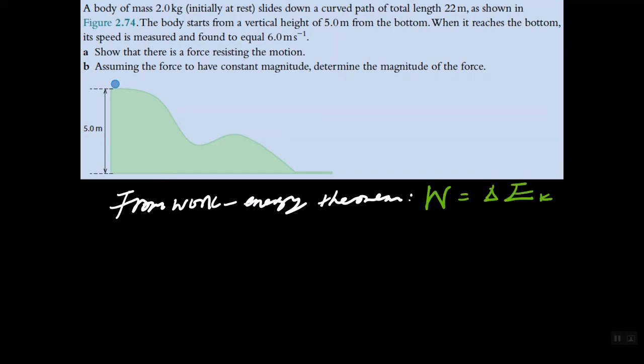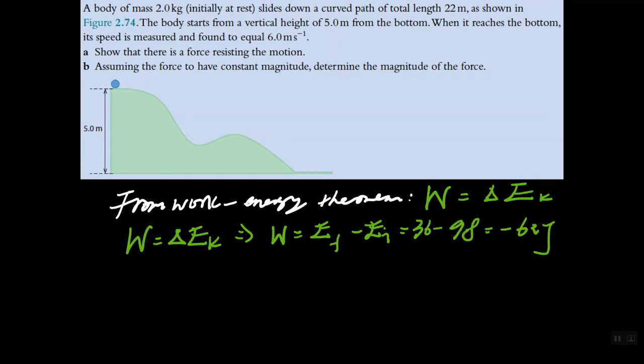Here, work done by the friction equals final kinetic energy minus initial kinetic energy. Final kinetic energy is 36 minus initial kinetic energy 98, and the difference is minus 62. This is the work done by the friction force. So we found the work done by the friction, minus 62.